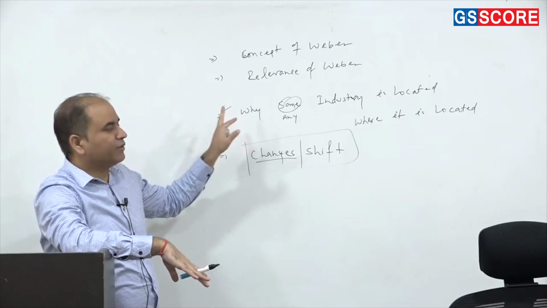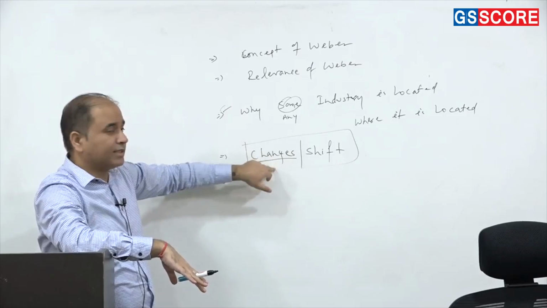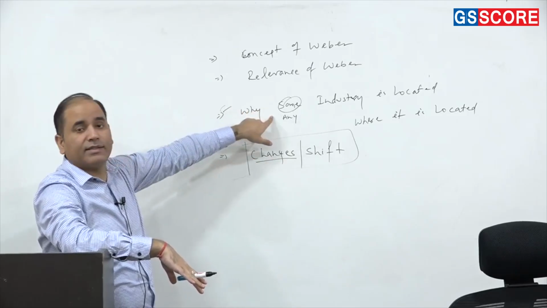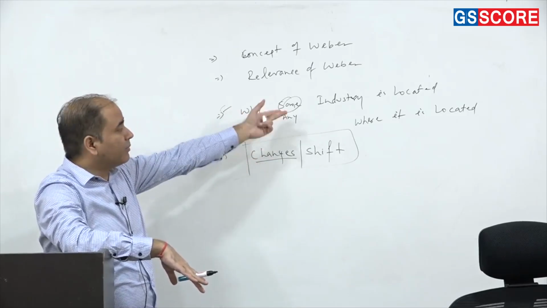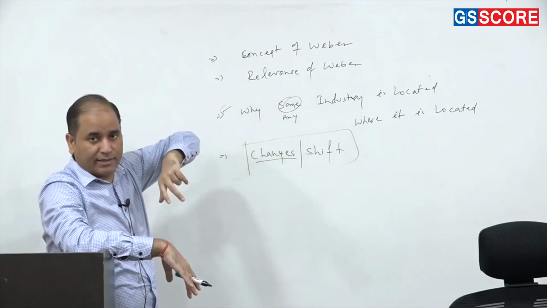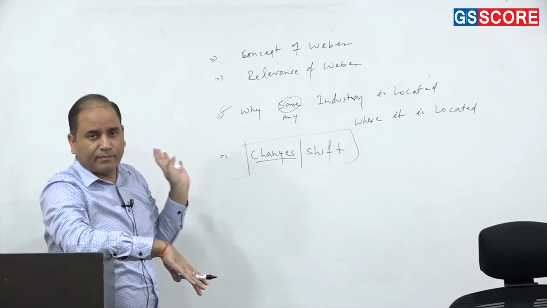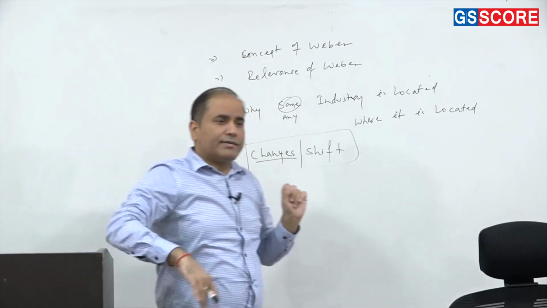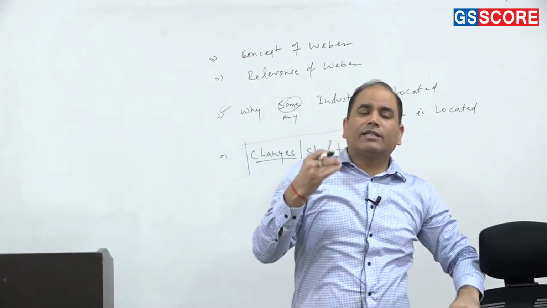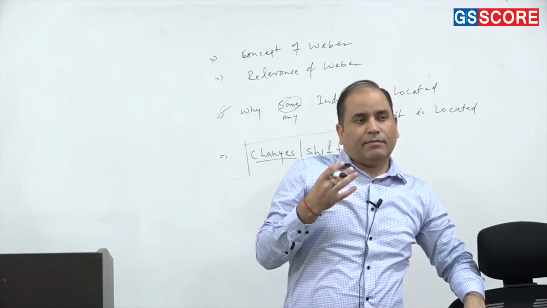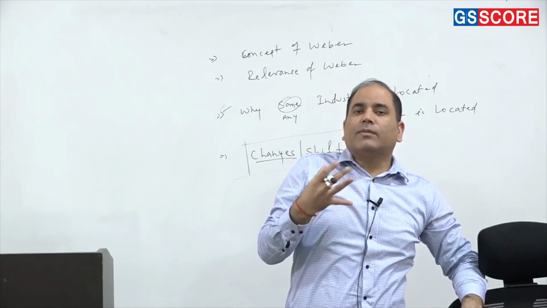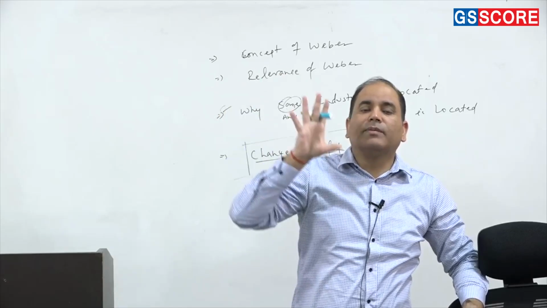So both things you need to know, and to answer this shift you need to know the original location, because if you are not aware of where it should have been, you will not be able to answer properly. So let's say the question is asked that in the last few years it has been seen that most of the new sugar mills are being opened in the peninsula.